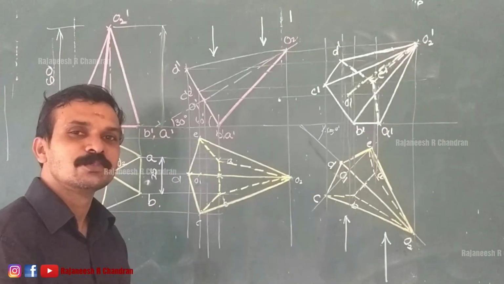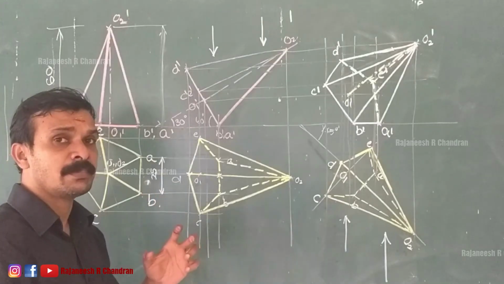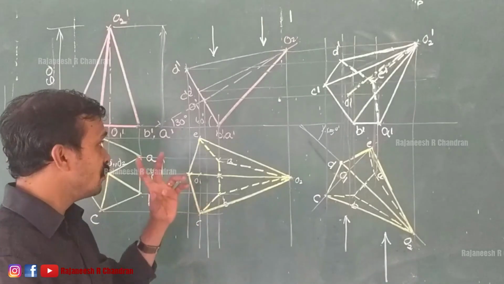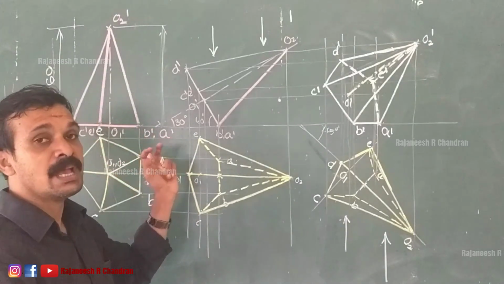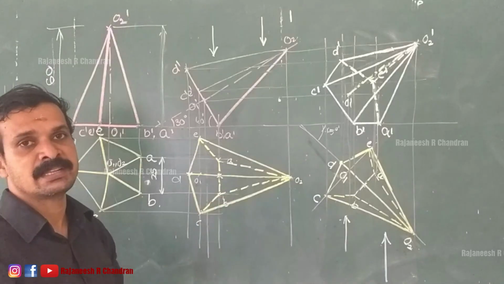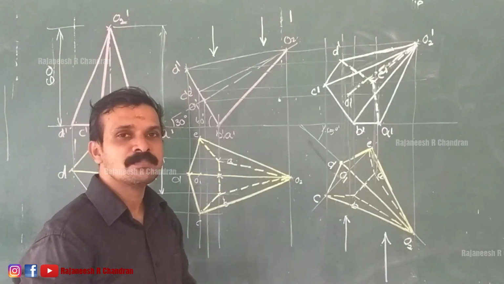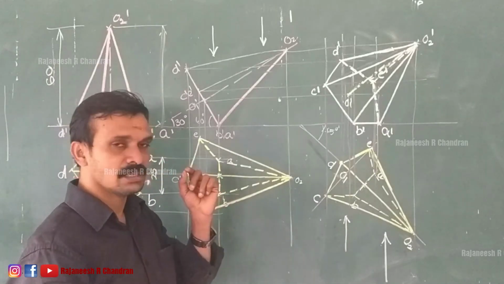So I hope all of you have understood this problem, where the pentagonal pyramid is resting on one of its base edges on the right side, with the axis inclined at an angle with respect to HP, and the top view of the axis inclined at an angle with respect to VP. So in the next question we will be discussing the same problem with a small difference.